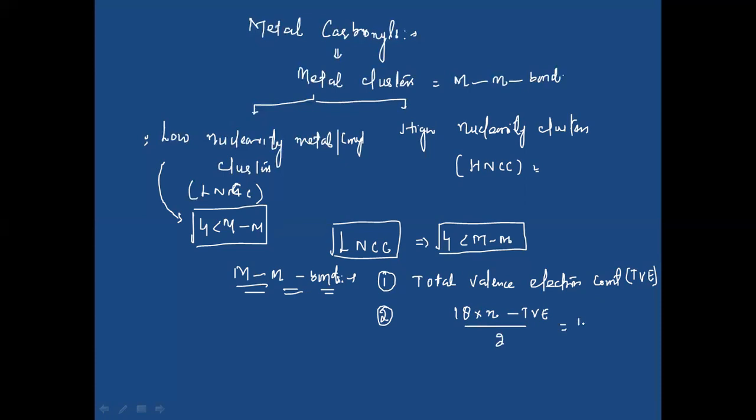This will give you the metal-metal bonds present in a carbonyl cluster. Now what is this 18? This 18 comes from the 18 electron rule, and N represents the number of metal atoms present in a cluster.